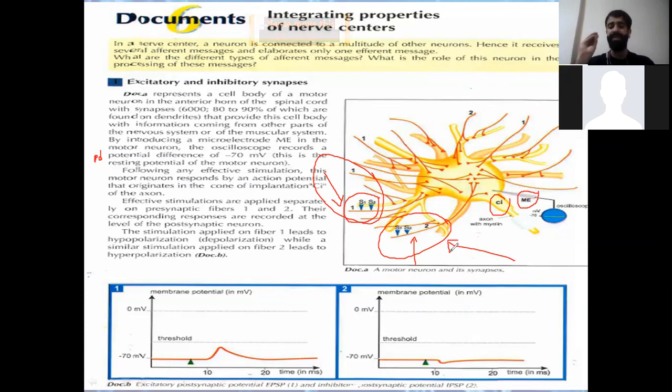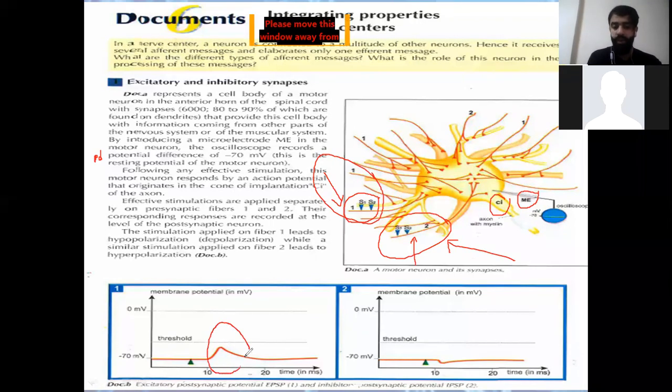First of all, let's start step by step with fiber 1. Here in fiber 1, we have depolarization. We said that polarization is the negativity. Depolarization is a decrease in the negativity. So we are moving toward the positive. While in the second one, in fiber 2, we have hyperpolarization.